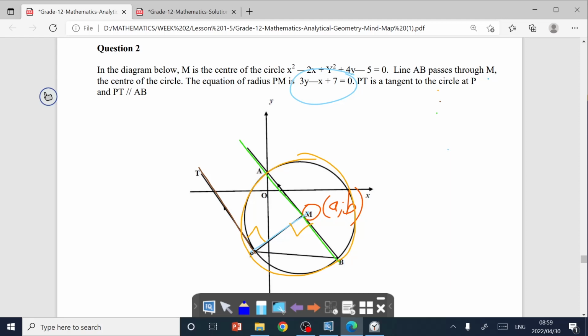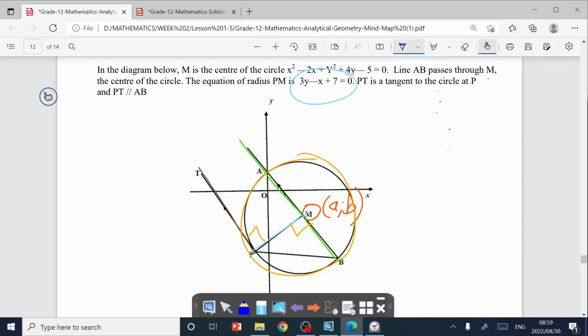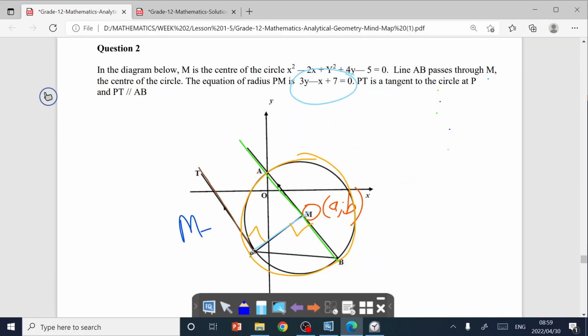The gradient of, very good. This is beautiful. The gradient of TP is equal to the gradient of AB. What's the reason? They are parallel lines. Okay. Now let's go to the questions.